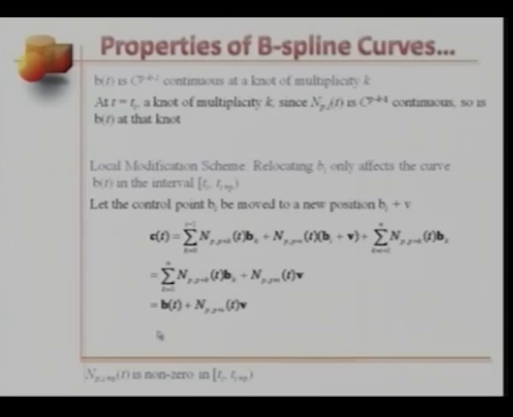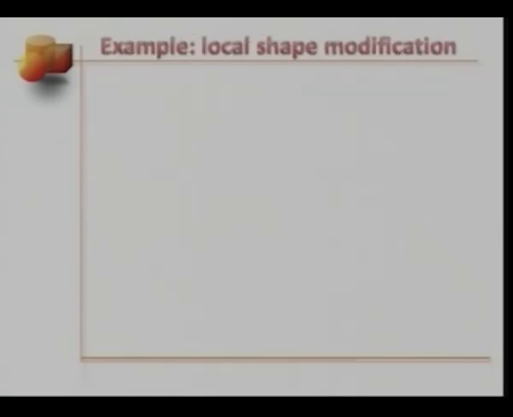N_{i,p} of t is non-zero in t_i to t_i plus p. For t belonging to this interval t_i to t_i plus p, our B-spline curve B of t will get locally modified. Let's work with the same example.